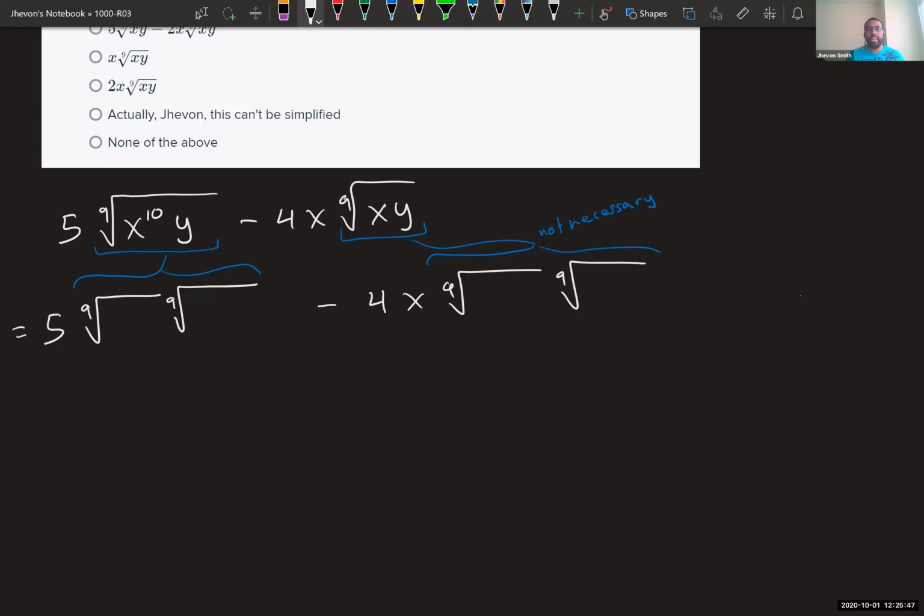So if I have x to the 10th, how can I break that up into two such things? If I want to write it as x to the something times x to the something else, that when I multiply them, I get x to the 10th, but I can split them up in a convenient way. Do we see a convenient way here? X to the 5th and x to the 2nd.